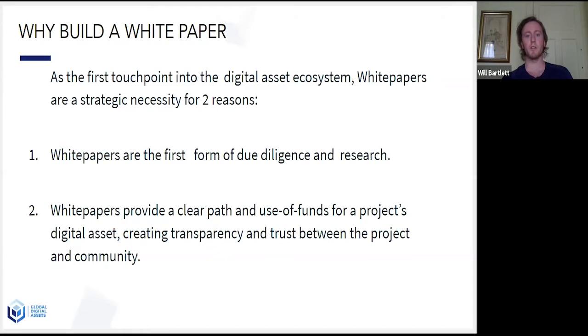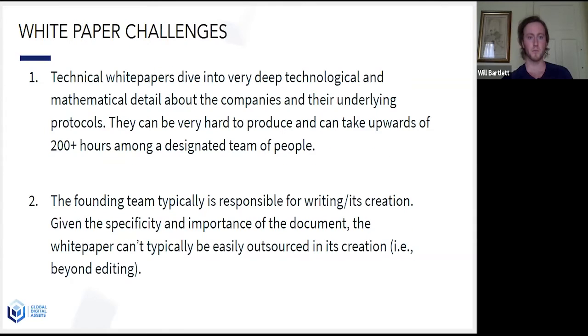You need to first make sure that they're good in terms of due diligence, that potential investors can get answers to their questions, do some research and pull out key details, and it's not just fluff. Secondarily, it's also a way of making sure that everyone knows where the funds you're raising are going, and creating the transparency that blockchain and blockchain projects are all about.